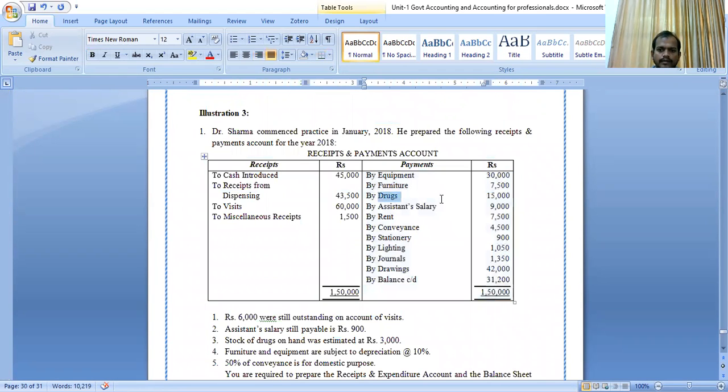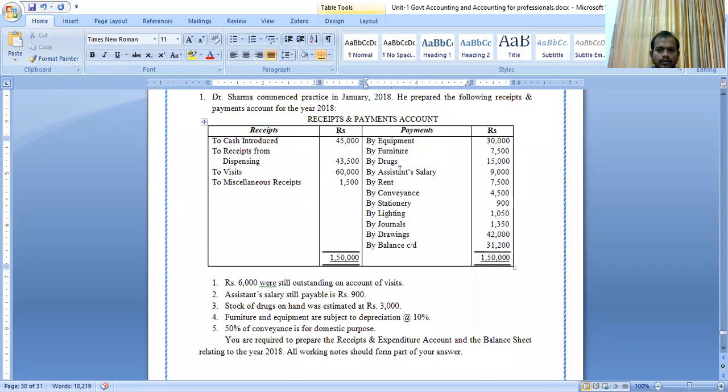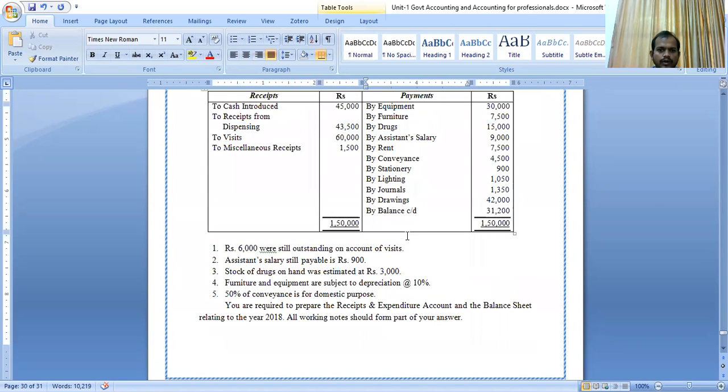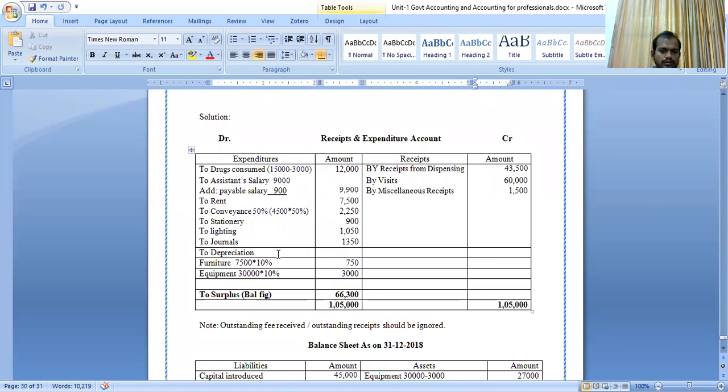So drugs, we have closing balance. We'll come up with the adjustments later. Assistant salary, rent, conveyance, stationery, lighting, journals, drawings. So we have to search for direct transactions first. So drawings 42,000.